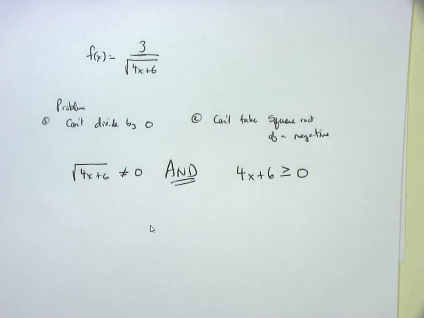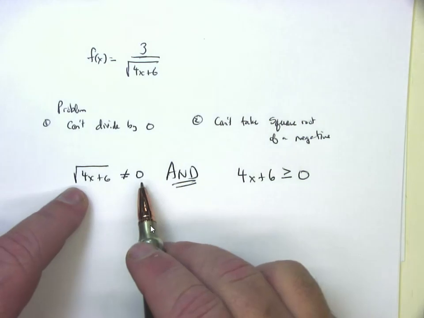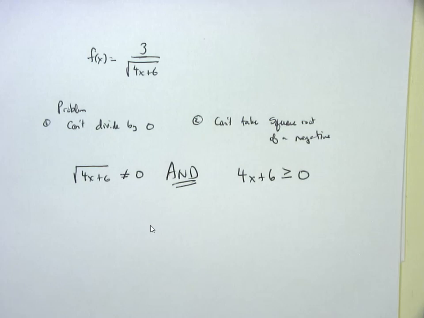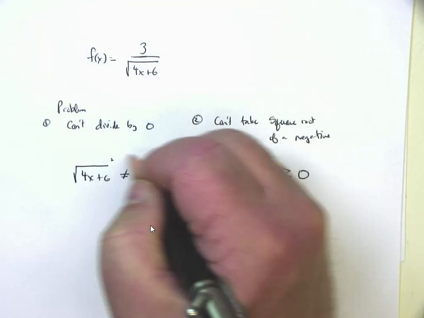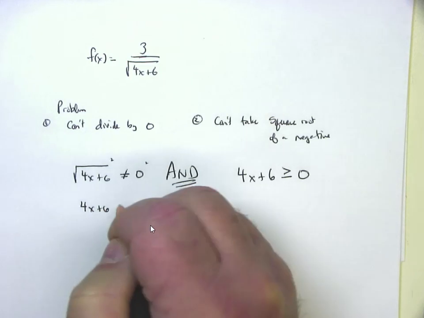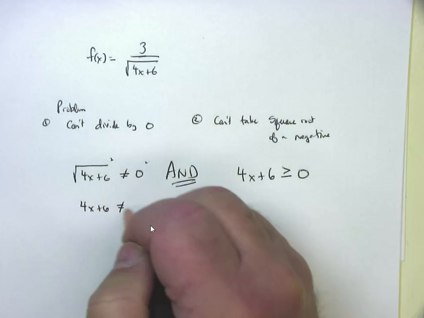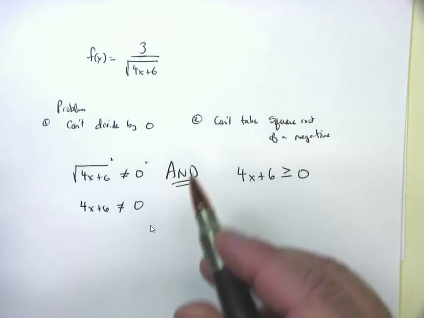I don't like square roots, and if I look at this as an equation, I can get rid of a square root. How do you get rid of a square root? Square both sides. So the 4x plus 6 can't be equal to 0 squared. But what's 0 squared? 0. So I just got rid of the square root by squaring both sides.